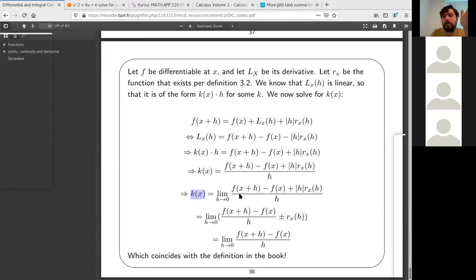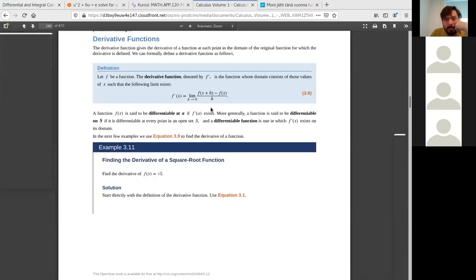That's really the f prime of x, that k of x here. And to find this, because it comes out depending on x, it's exactly the same as this derivative function. So given a function, when we take the derivative of that function, we get another function, which can then be used.